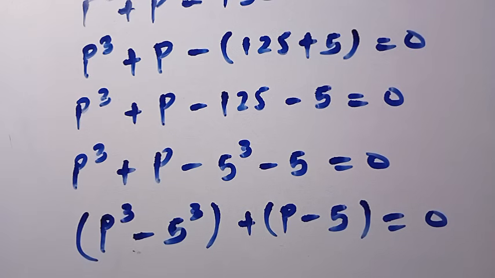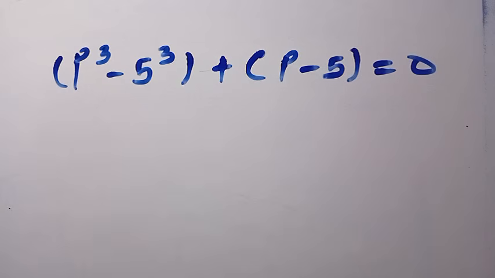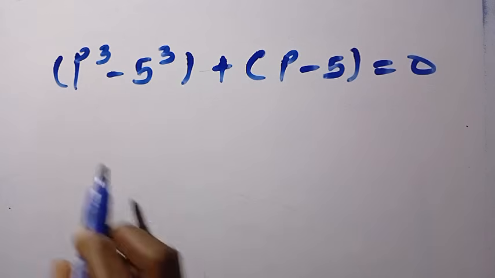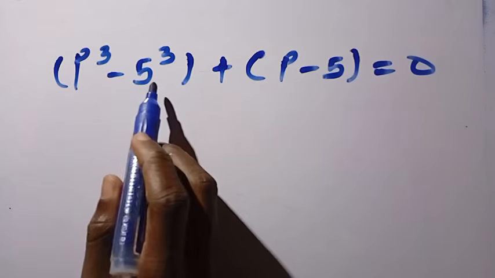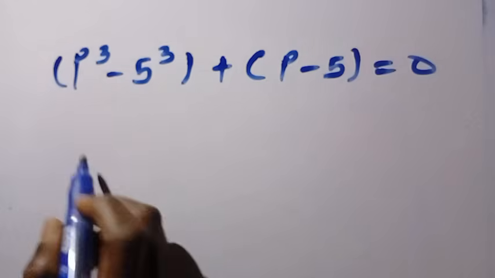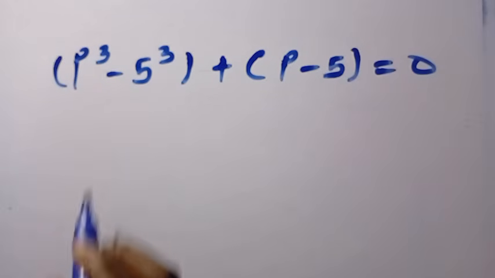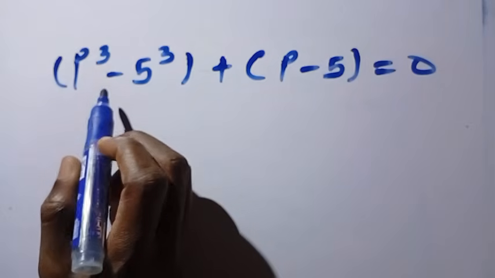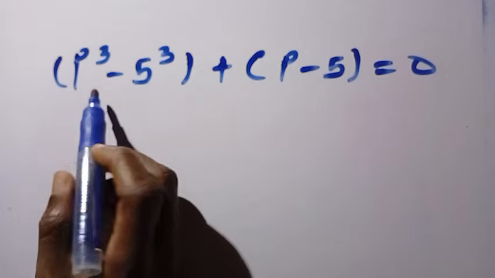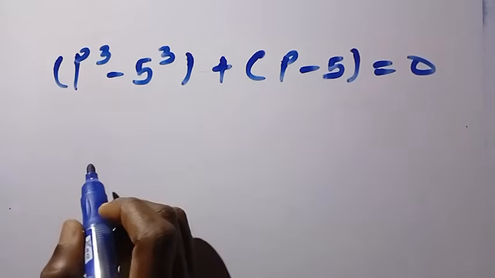Then in the next step, p^3 - 5^3 is a particular identity. This is the difference of two cubes. p is having power of 3 and the 5 is also having power of 3.